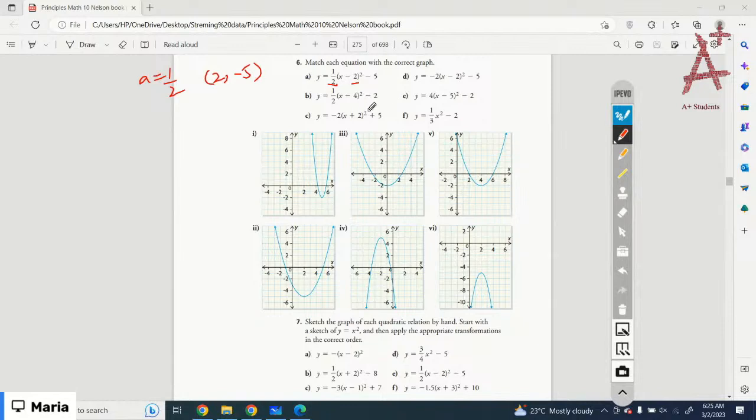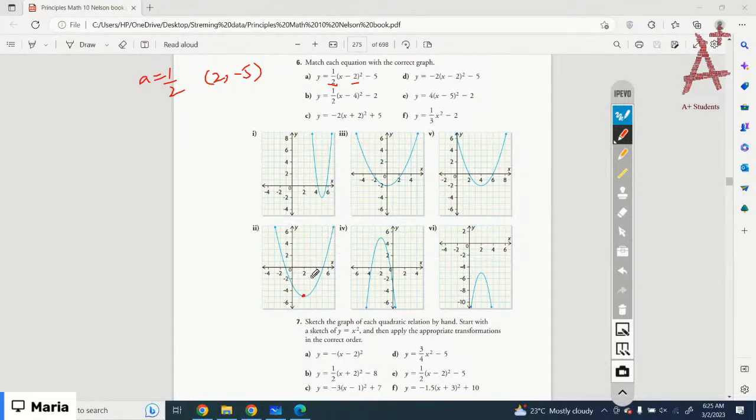For the A, 2 and negative 5, you have to look at the origin. 1, 2, 3, 4, 5 and 2. You have to look for the center. 2, and here you have negative 5.